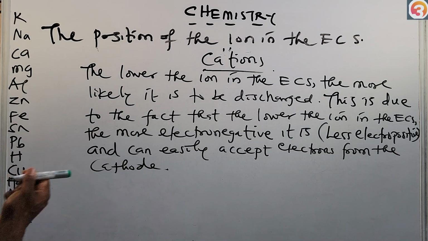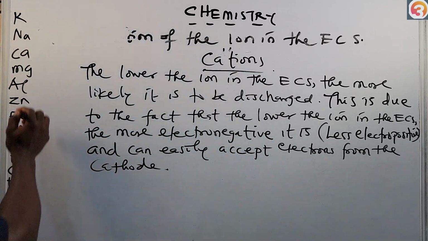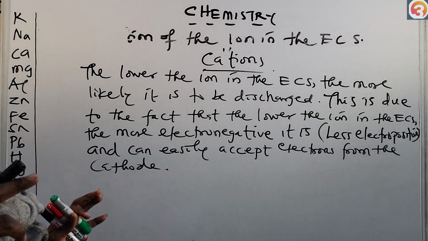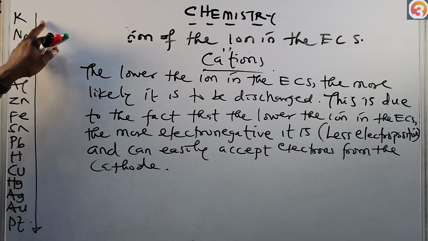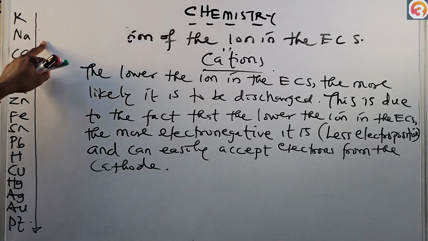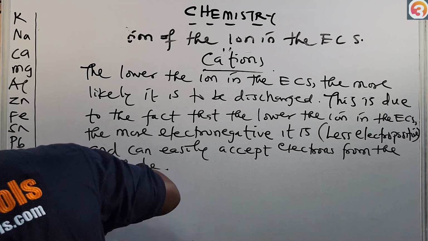So now we have listed the cations. If you are coming down this way, make it very clear, if you are coming down from potassium downward like this, is electropositivity increasing or reducing? It is decreasing, right? Because potassium is the most electropositive. That means electropositivity as you are going downward, look at the head of my arrow, is decreasing.